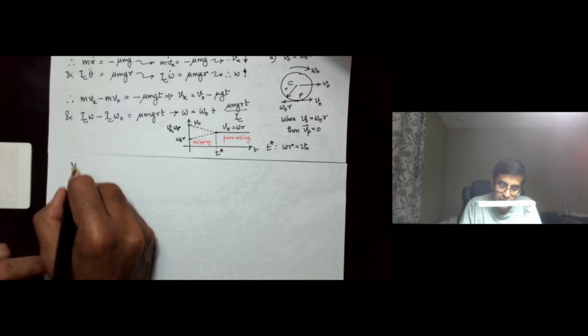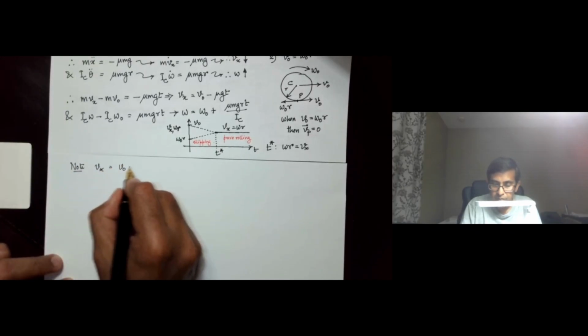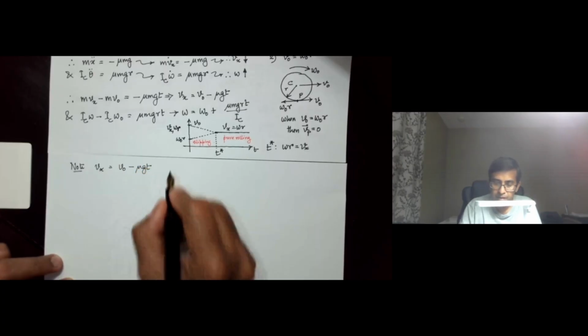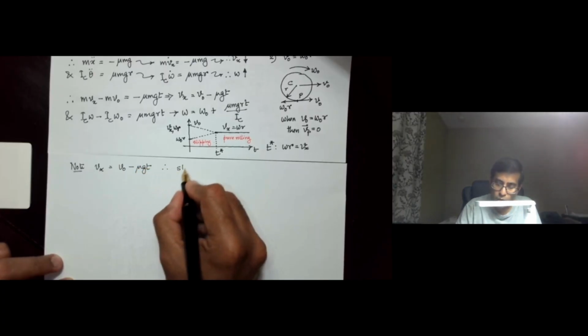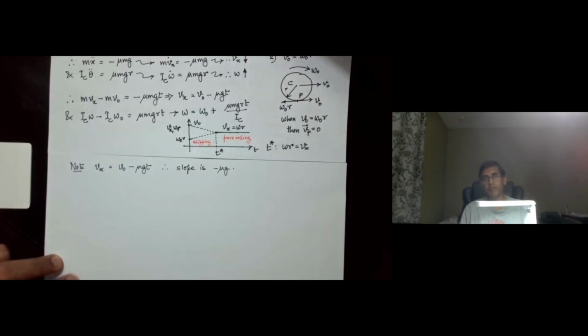So note that Vx is equal to v naught minus mu g t. Therefore the slope is negative mu g, the slope with which the velocity is decreasing.